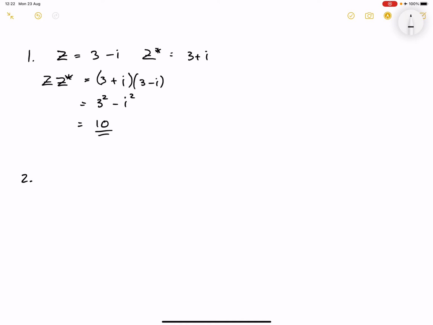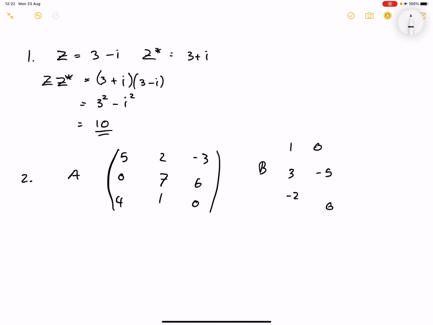Question 2. 3 matrices are given by A is 5, 0, 4, 2, 7, not a Z, 2, 7, 1, minus 3, 6, 0. B is given by 1, 3, minus 2, 0, minus 5, 6, and C is given by 6, 1, 4, 2, 3, 0.